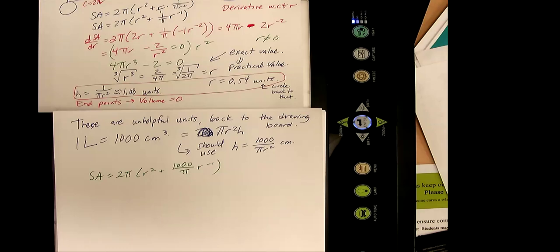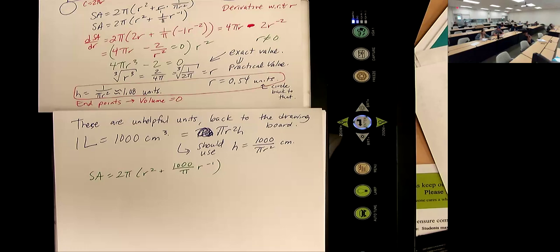I don't know if this helps, but 1 liter is equal to 1 cubic decimeter, which is 1/10 of a meter. So technically our answer would be in decimeters, I think. Might be. Let's see, what was the actual value on the one?